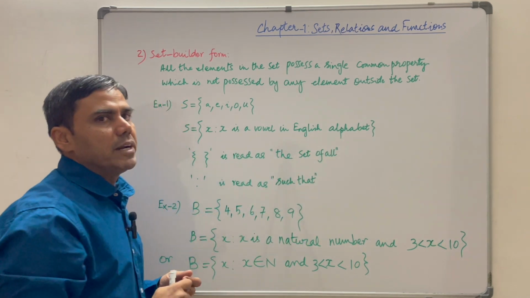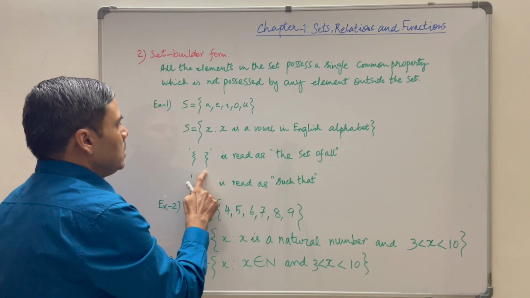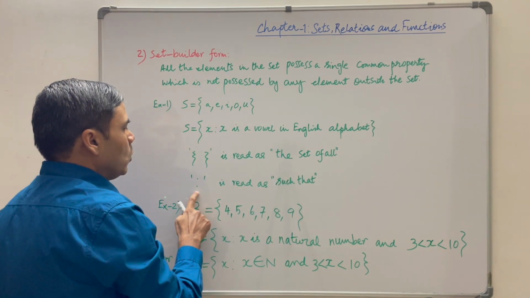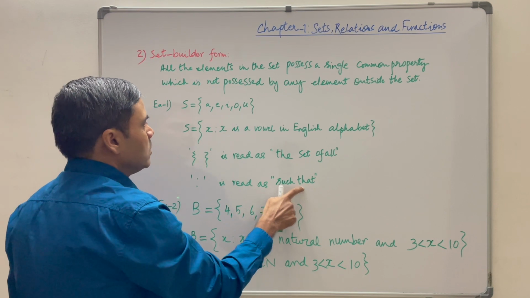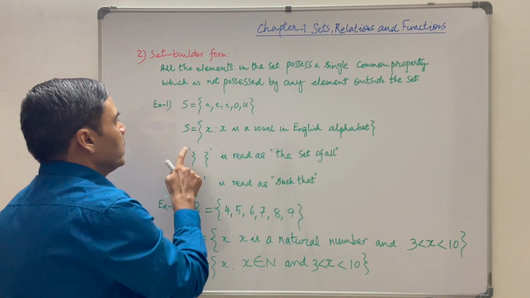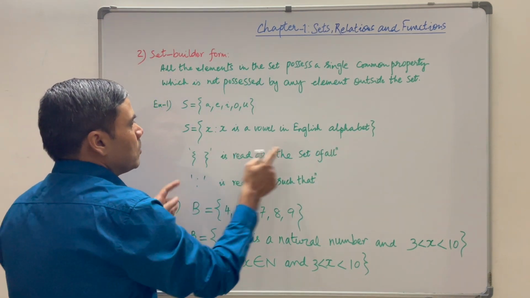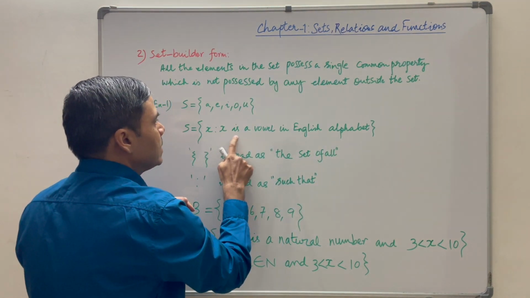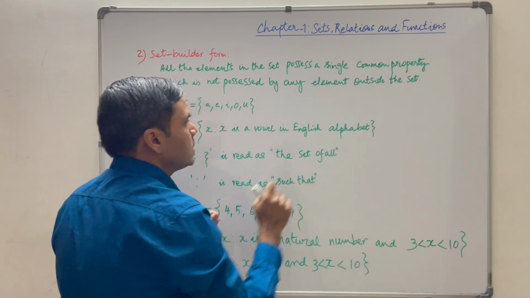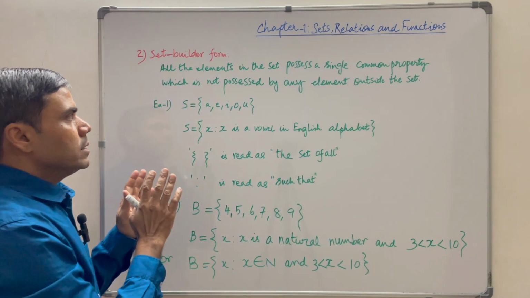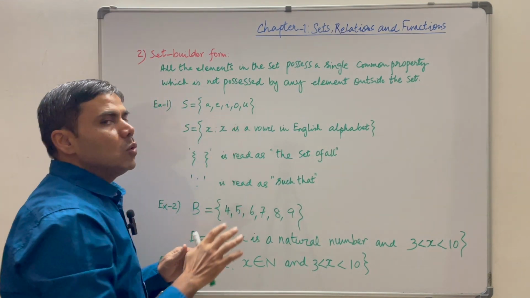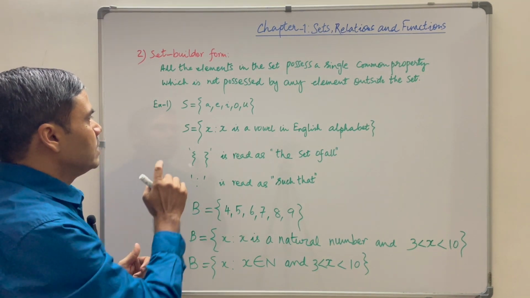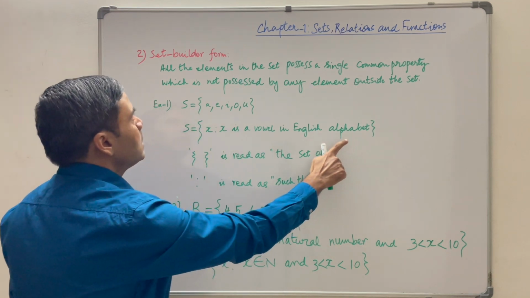The curly braces are read as the set of all, and the colon is read as such that. So let us read this now. S is the set of all X such that X is a vowel in the English alphabet. Except these letters, no other letter in the English alphabet is a vowel. That is how we represent a set in set builder form.